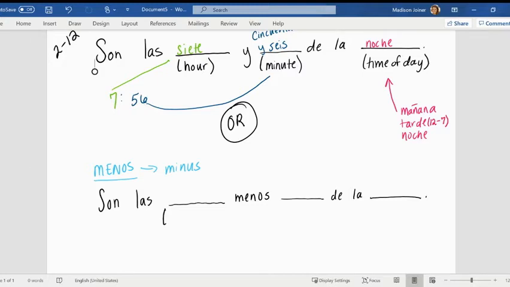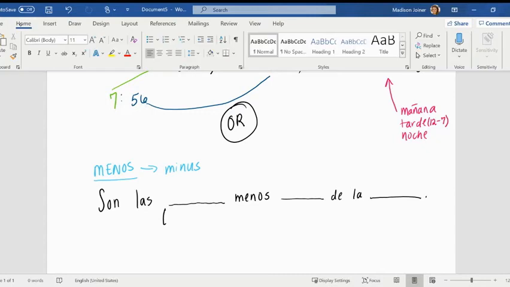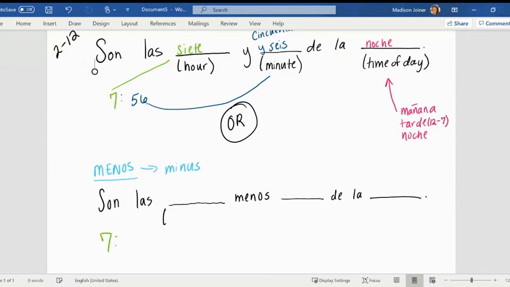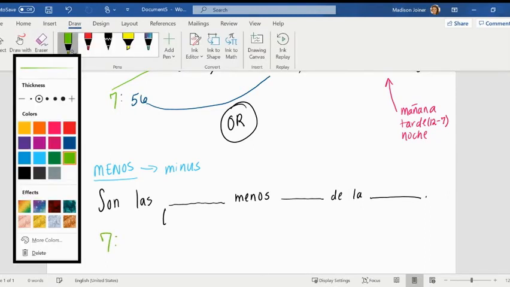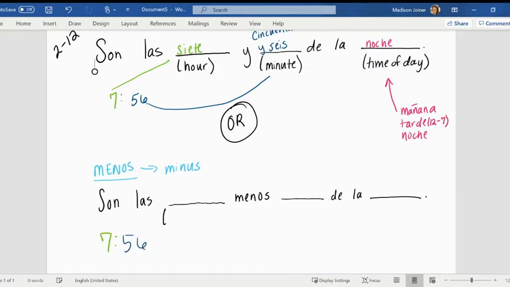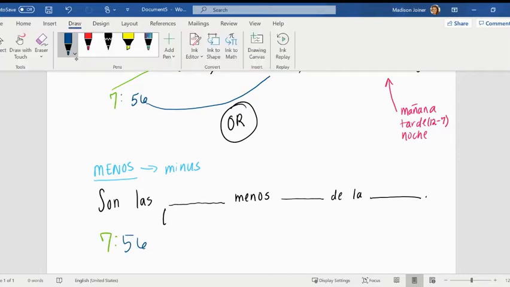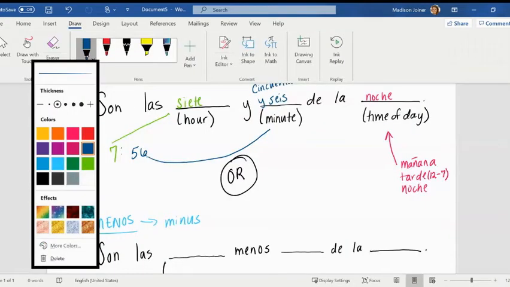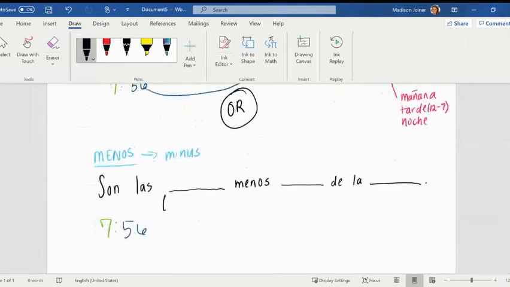If we're going to stick with the time 7:56, then in order to make it 7:56 where I'm subtracting something, in this first blank I need to add it out.